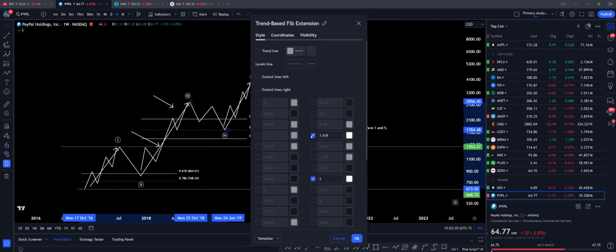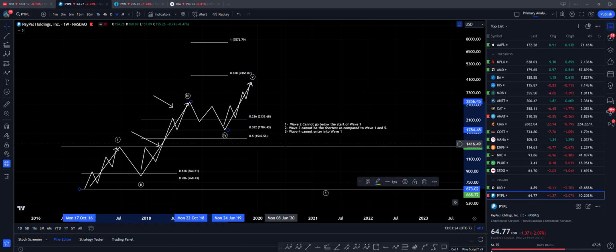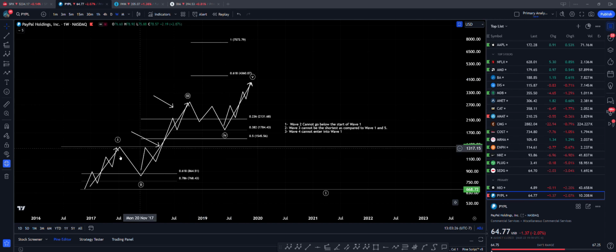And you look at the 0.618 and 100%. So if your wave 5 is going to be equal to wave 1, it'll be coming somewhere closer to this 0.618 area. In this case, majorly the wave 3 is the extended wave, or the longest of all.